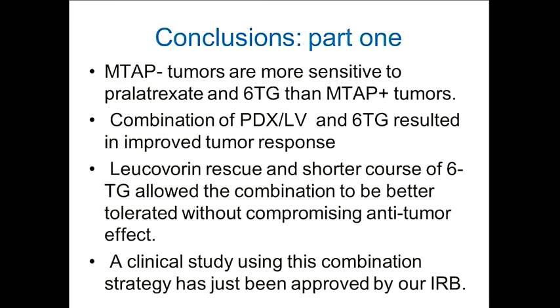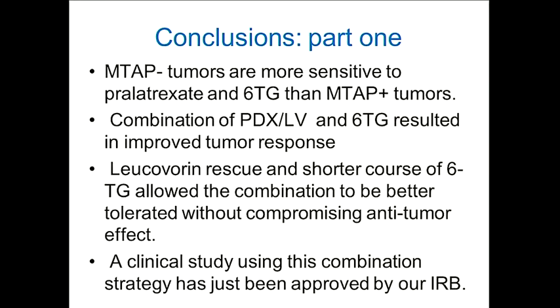Our conclusions are that MTAP-deficient tumors are more sensitive to pralatrexate and 6-thioguanine than MTAP positive tumors. The combination resulted in improved tumor response, and that was due to the fact that we used leucovorin rescue.